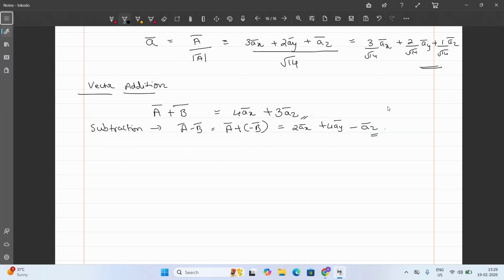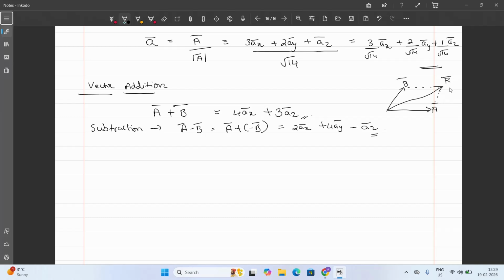Okay. You might have learned in the lower semesters the concept of the parallelogram. If I have vector A and vector B like this, then you extend the lines parallel to the opposite lines, right? The resultant is going to be the diagonal of this.